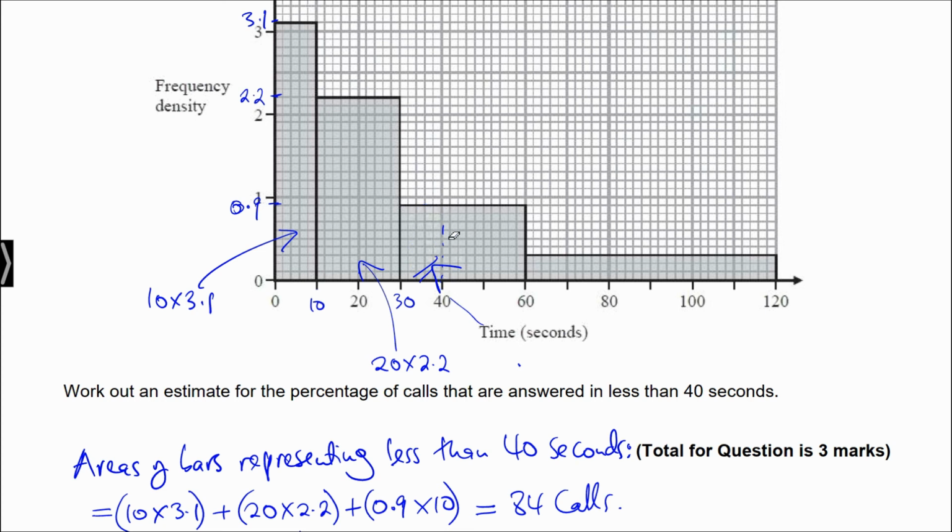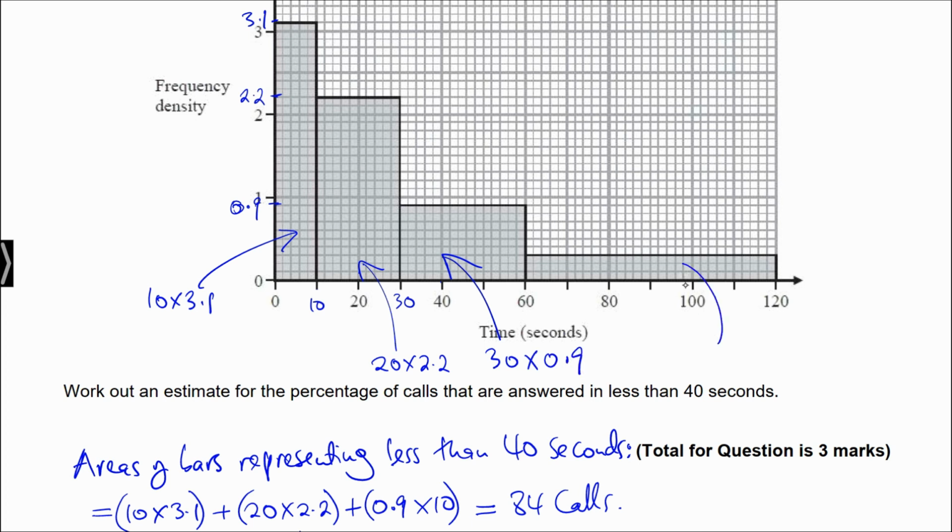The area of this whole bar will be equal to 30 multiplied by 0.9.